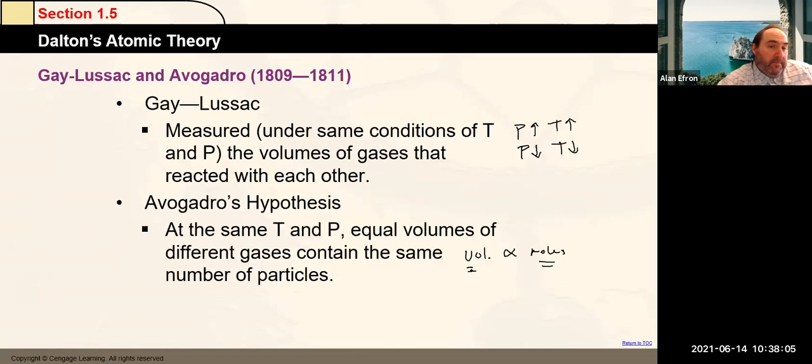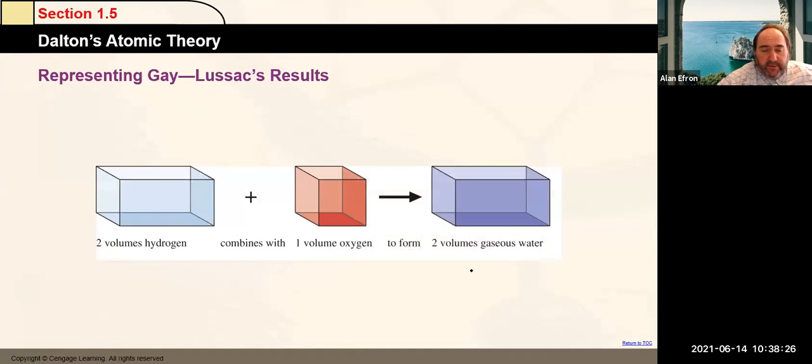Typically, we do it with a mole to mole relationship. I could also do stoichiometry with a volume to volume relationship under these conditions of Avogadro's number. And what we see is as the volume of gas increases, so does the number of moles.